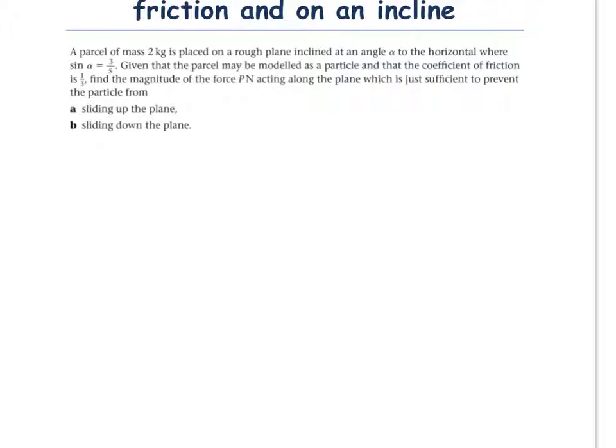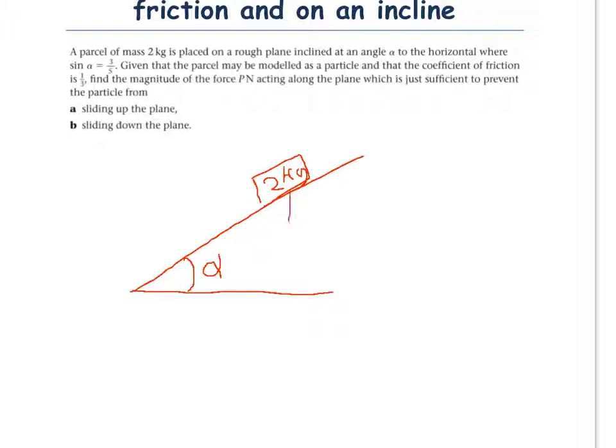So, we've got our incline with a theta, we've got our particle of 2 kilograms. So if it's 2 kilograms, it means its weight acting downwards is 2g, 2 times 9.8.